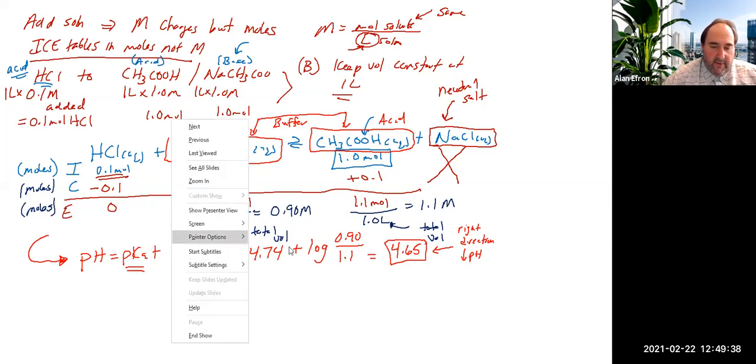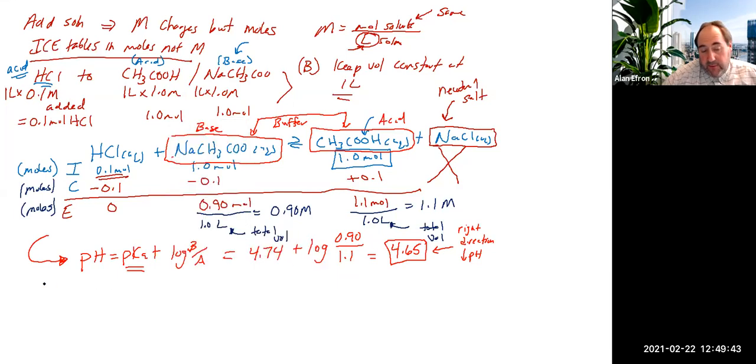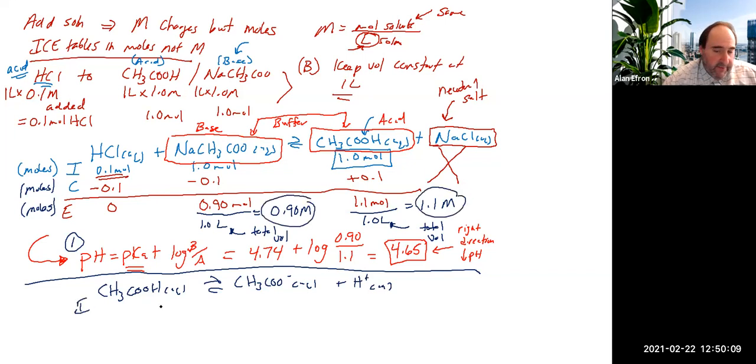Okay. I know we're a little bit over. Just to finish the thought before we stop, a reminder that this is one approach to figure out the pH at this point. If you wanted to do an ice table instead, just to show you what it would look like, it would be our acetic acid breaking apart. Here, the important part is you would take your equilibrium values, and those would be your initial values.